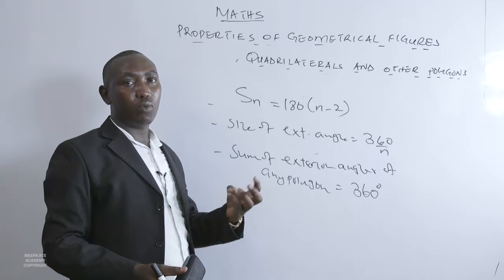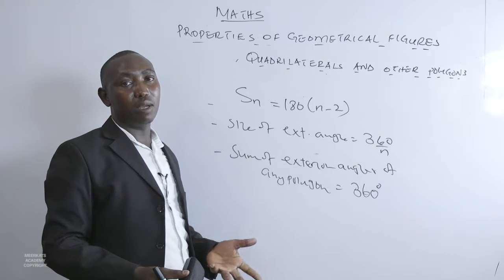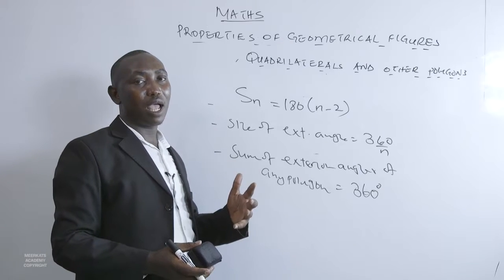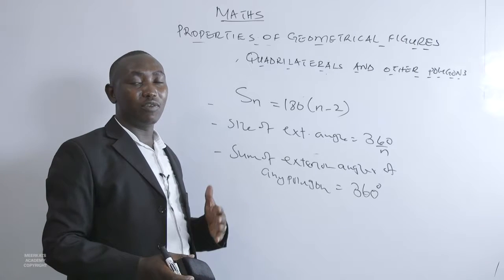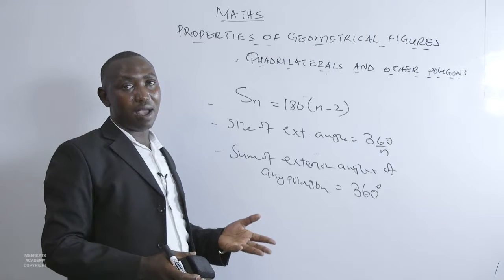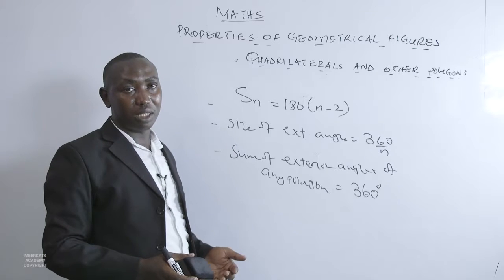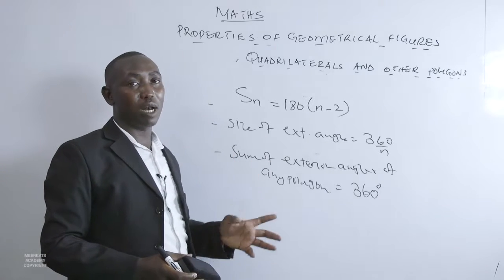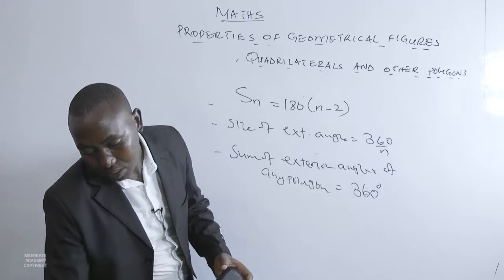Understand that squares, rhombuses, rectangles, and parallelograms, all of them are quadrilaterals which have two pairs of parallel lines. But we have others that have at least one pair of parallel lines, like the trapezia. We can also classify them under quadrilaterals or parallelograms because we have at least a pair of parallel lines.